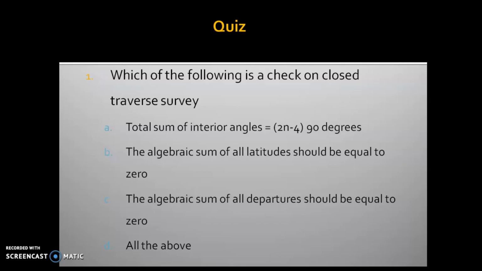As I said, the sum of interior angles is 2n minus 4 into 90. What is n? The number of traverse legs. Next, the algebraic sum of latitudes should equal 0, meaning the sum of northings and the sum of southings, if you add them, you should get 0. Right.